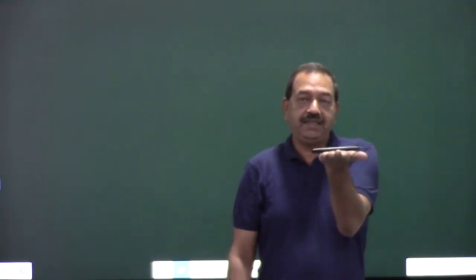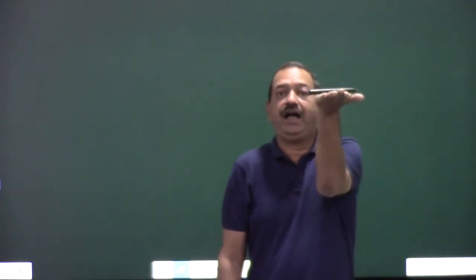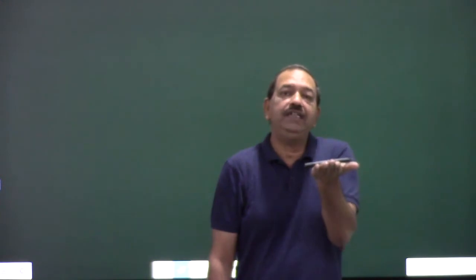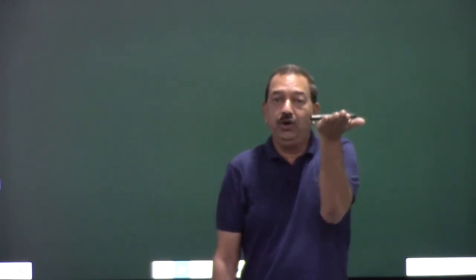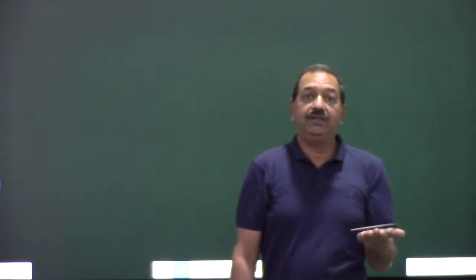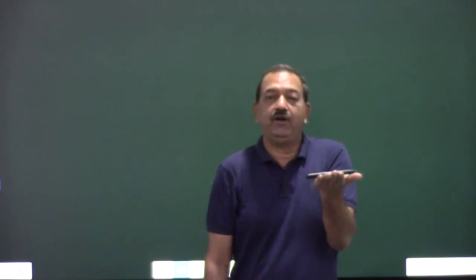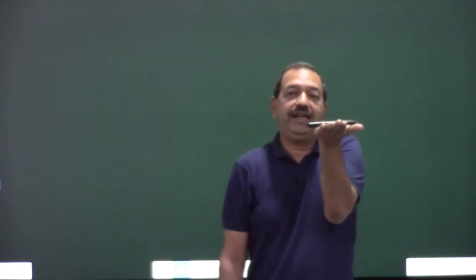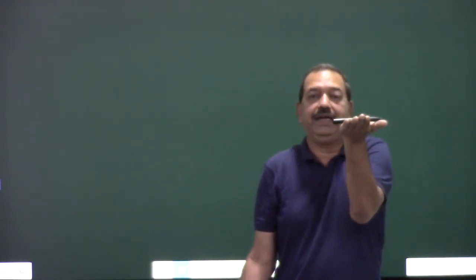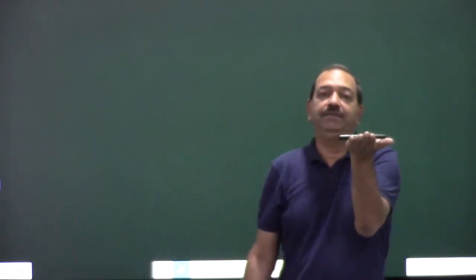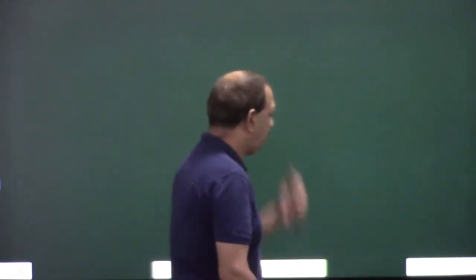This object is raised by me slowly to a height h. Slowly means it does not acquire velocity. It is moving, it's basically shifting because of my hand. So it did not acquire kinetic energy. So work done on this object must be 0, right? And we will prove this.